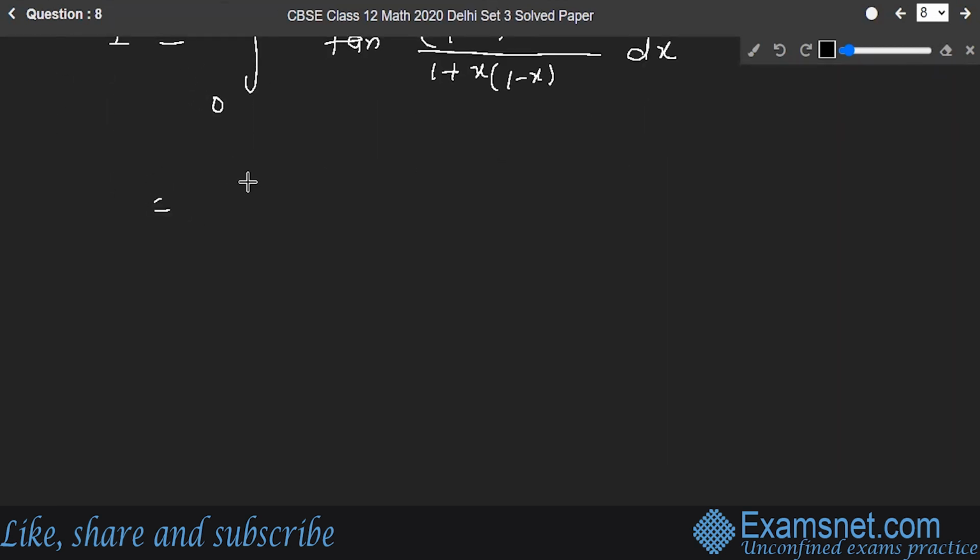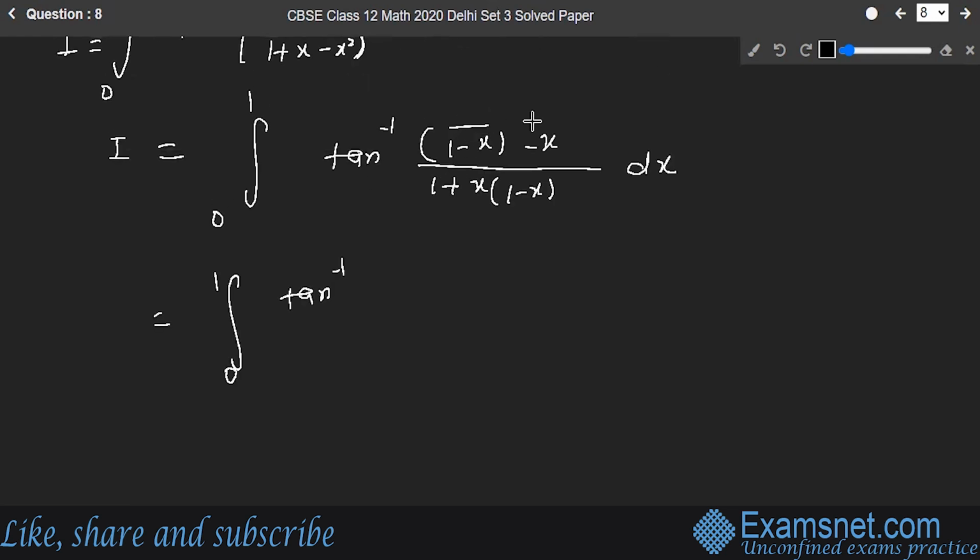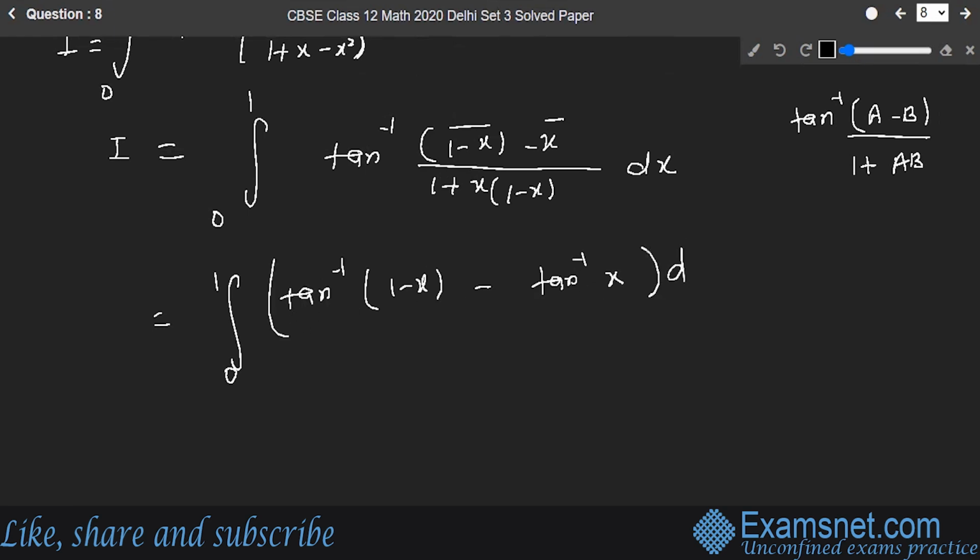That's equal to the integral from 0 to 1 of tangent inverse. See, if I take this as a and this as b, this is the formula for tangent inverse of (a minus b) upon (1 plus a into b). So this is the formula for tangent inverse of (1 minus x) minus tangent inverse of x dx, right?